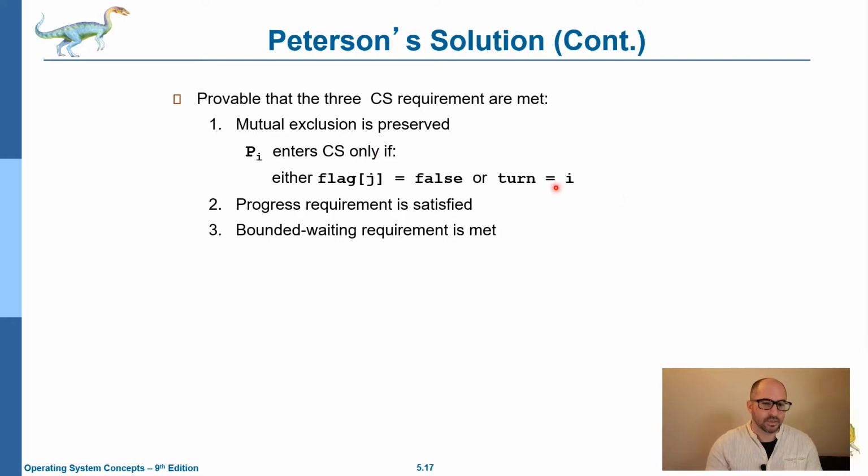And those are the only two ways that process I will proceed. And since the turn is for process I, process J would be sitting in that while loop, not yet entering the critical section.